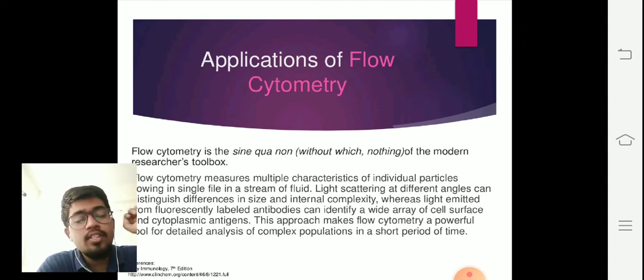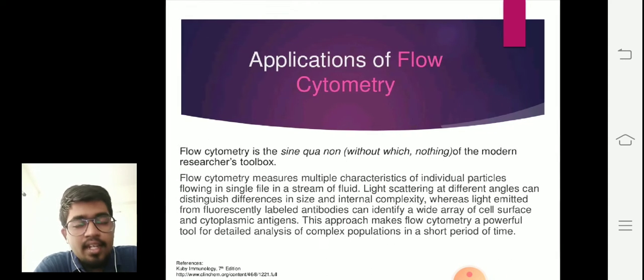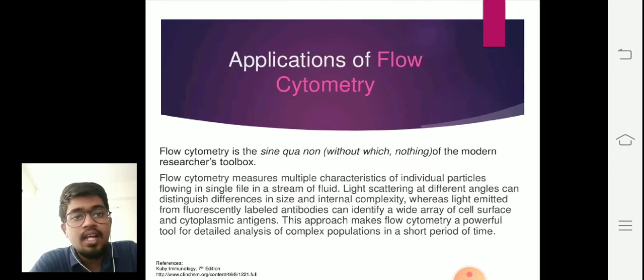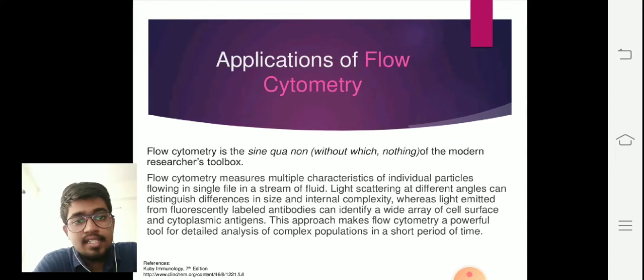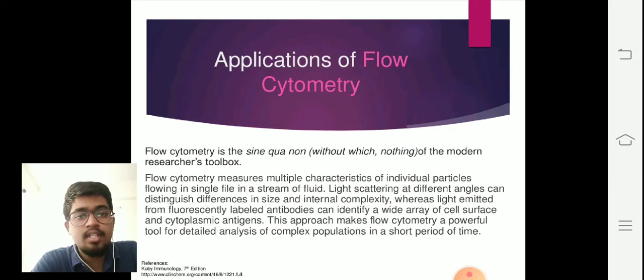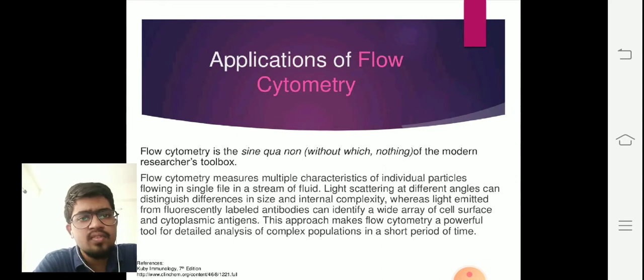Flow cytometry measures multiple characteristics of individual particles flowing in single file in a stream of fluid. Light scattering at different angles can distinguish differences in size and internal complexity, and there is a lot of complexity when you talk about any kind of cell.